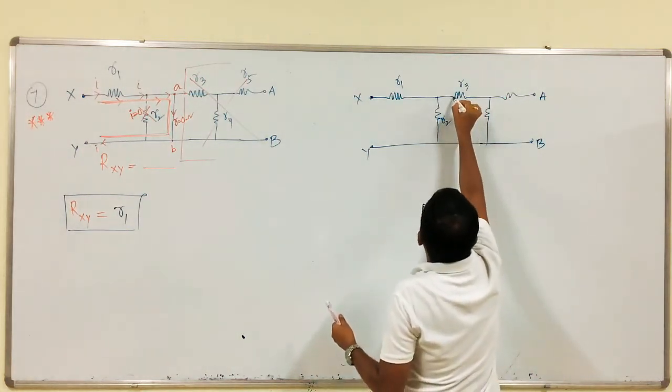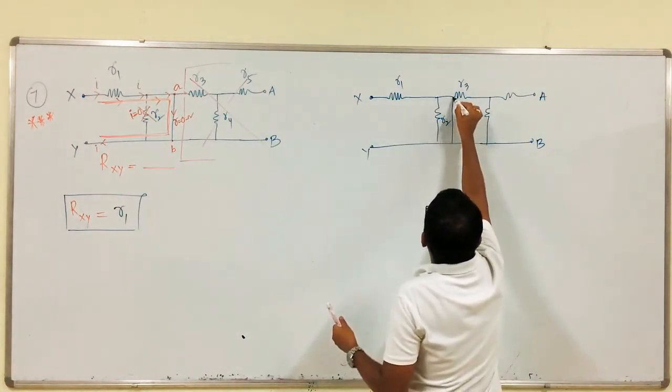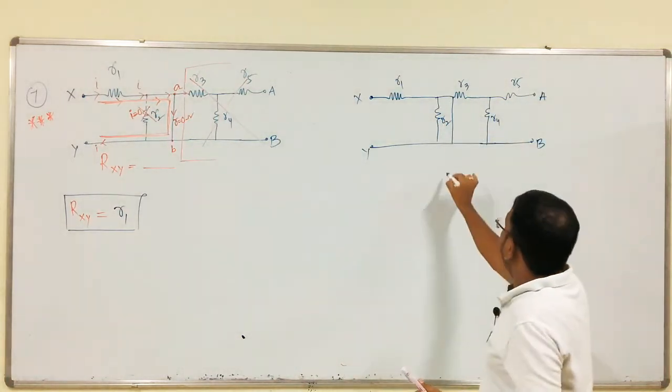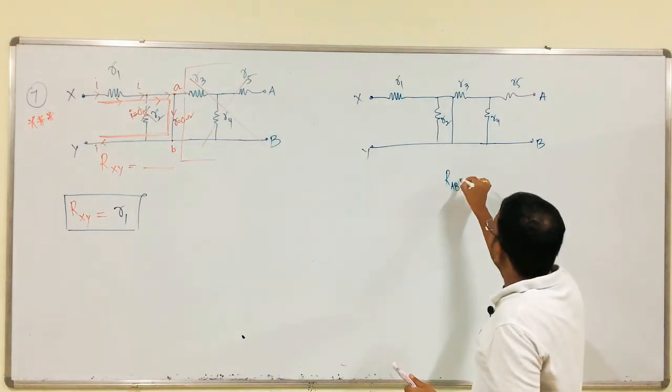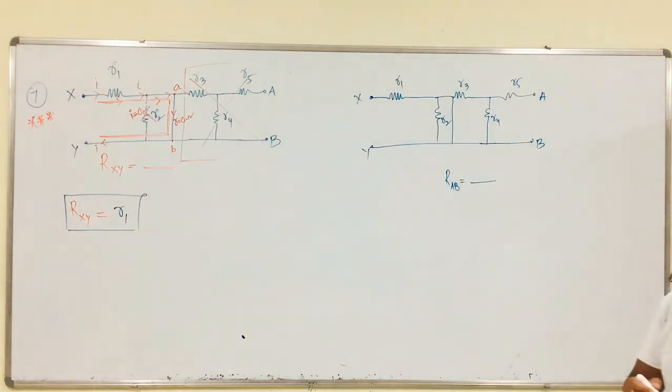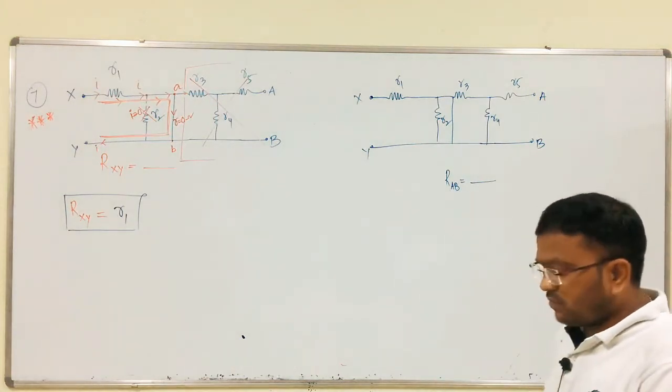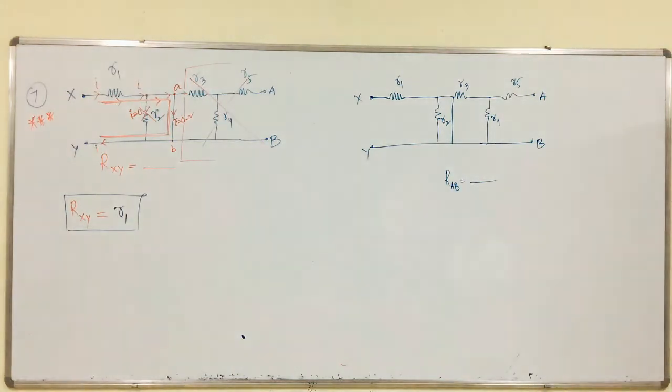Between R2 and R3 we have a short circuit path, right. We have R4, we have R5. Then what is the value of RAB? Based upon that concept, you have to tell what is the value of RAB from this.